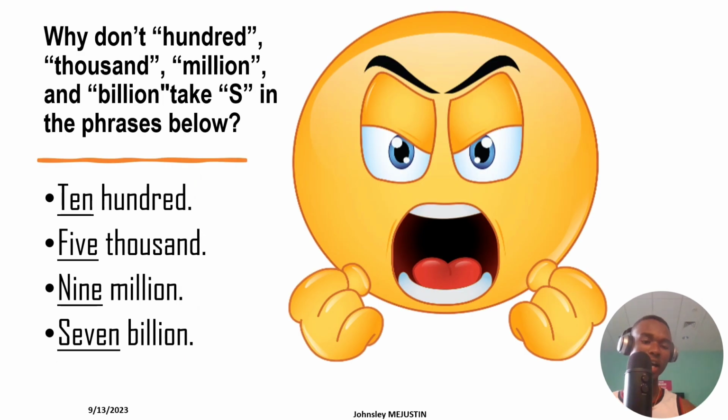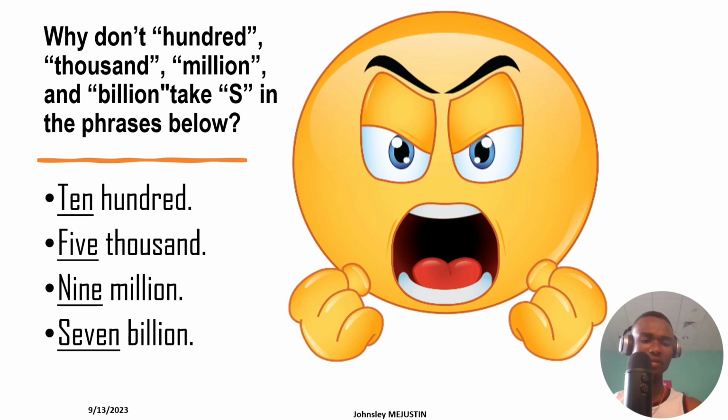Now the next question I have for you is, we use plurals when we have more than one thing, right? So why don't 100, 1,000, million, and billion take s in the phrases below? Like, if we have more than one pen, we say pens. If we have more than one book, we say books.